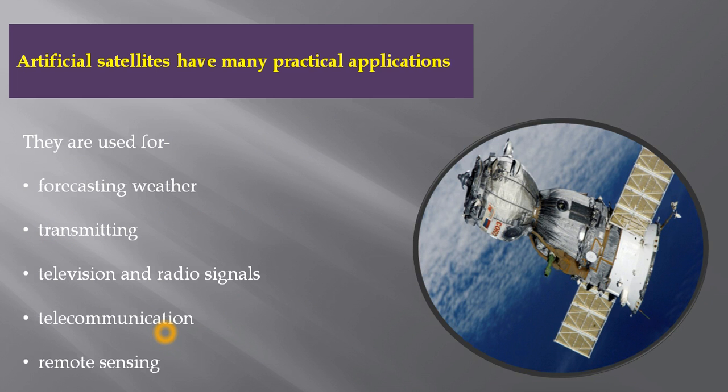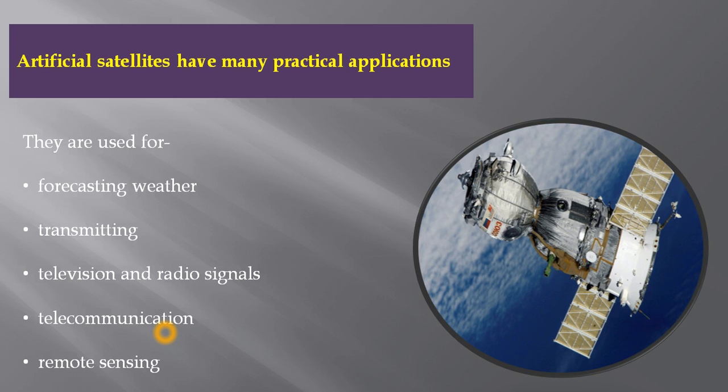Now, students, a question arises in our mind: why do we need artificial satellites? What is the function of these satellites? Before we give the various uses of artificial satellites, we should know the meaning of the term remote sensing.